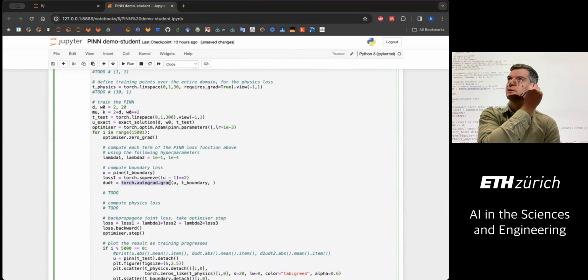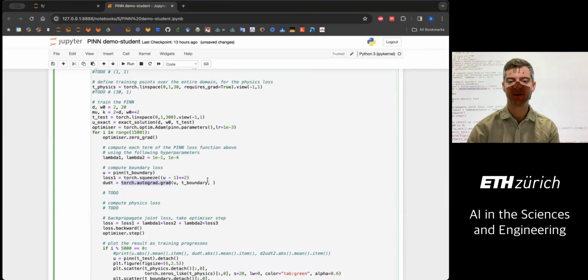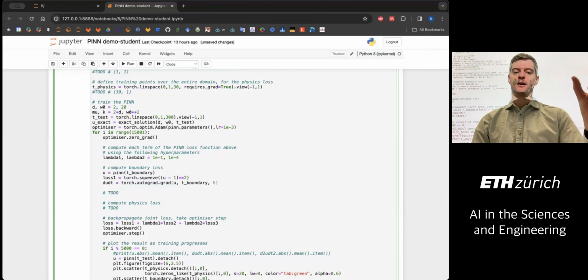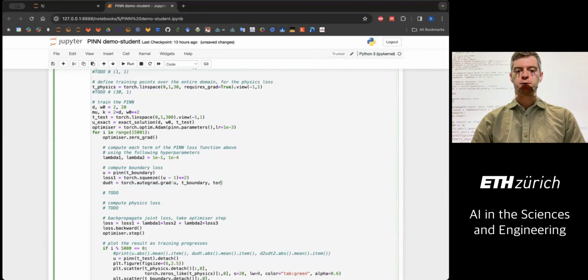Now, if that's confusing to you, don't worry. I'm going to be explaining what autograd is in much more detail in the second half of the course when we talk about differentiable physics. But for now, all I need to do is just specify what that vector is that I'm computing the vector Jacobian product with, and that can just be a vector of 1s for now. So we'll just do torch.ones_like the solution.